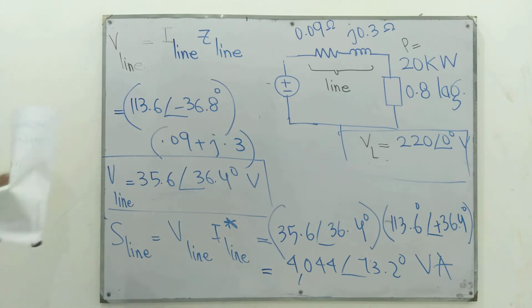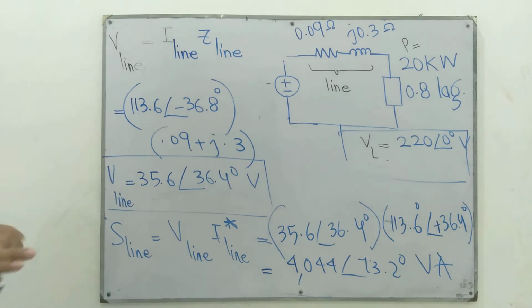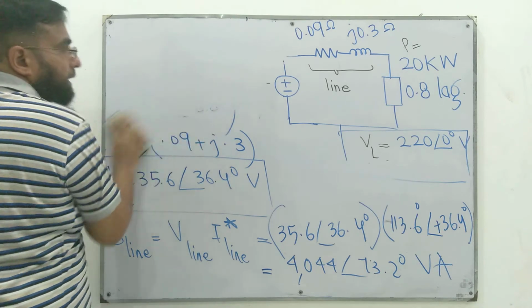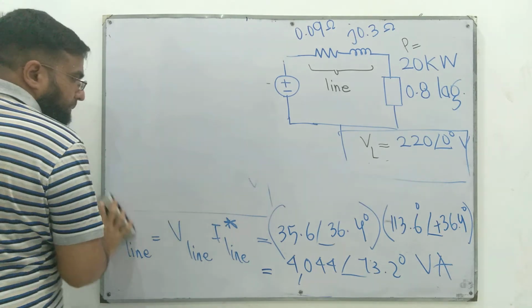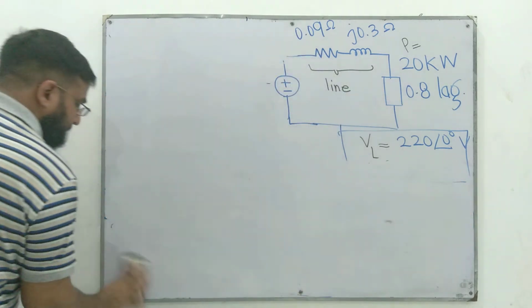The last thing for this lecture is to compute the complex power supplied by the source, and that would of course be the complex power absorbed in the load as well as in the line.